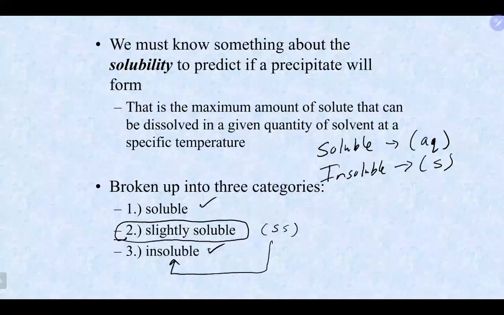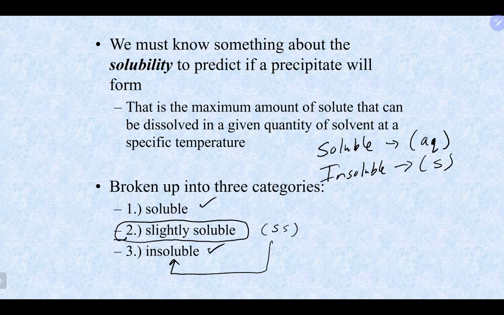So there is a degree of solubility for everything. Even things that are technically insoluble based on the rules have some degree of solubility, as you will learn if you take 1B. Under certain circumstances, things we typically think of as insoluble could still be soluble when they come together. That has to do with pH and concentration and things like that.